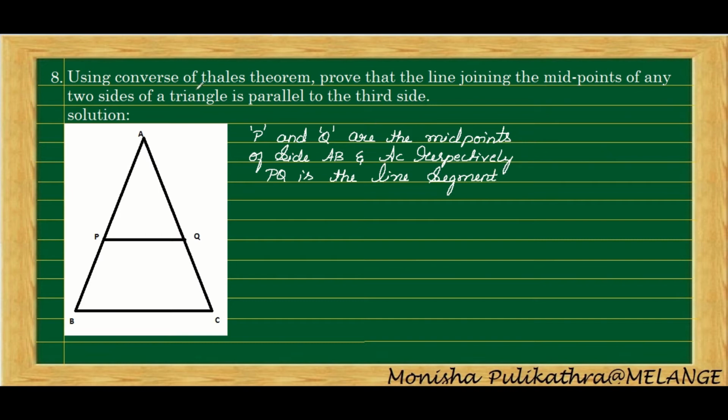In the question they have given the line joining the midpoints of any two sides of a triangle. Since P and Q are midpoints, these lengths are equal to each other, right?